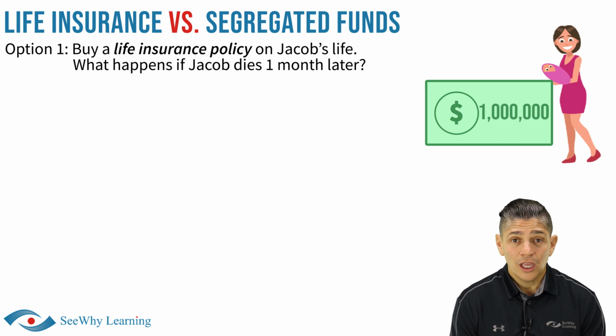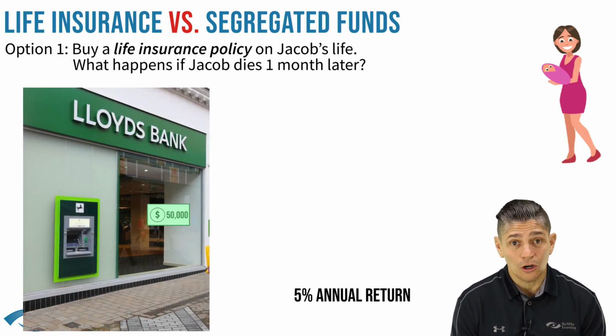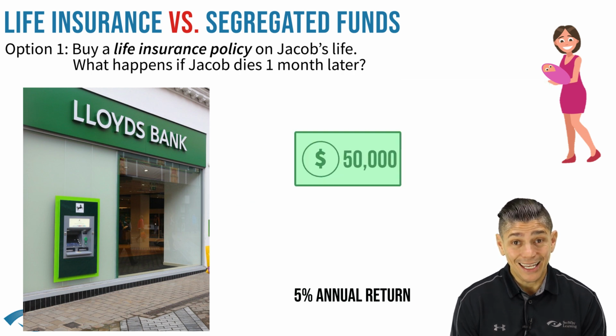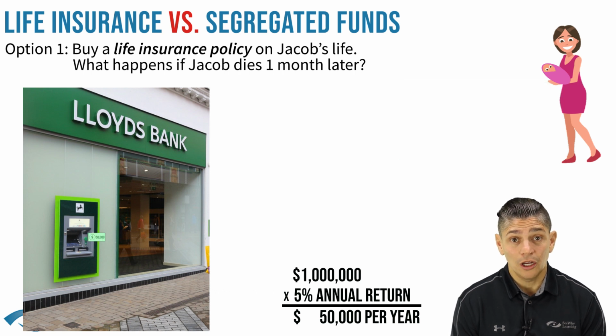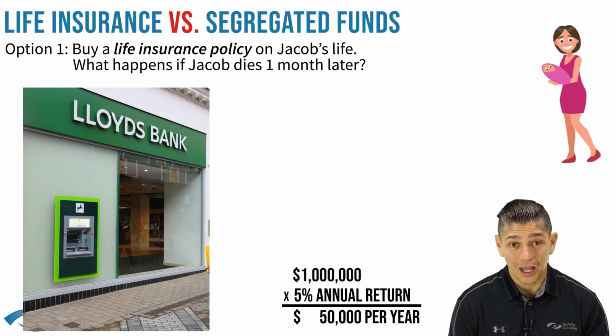For example, if she decided to invest it and received a 5% annual return, this would generate $50,000 in annual income indefinitely, calculated as follows. $1 million times 5% annual return equals $50,000 in investment income per year. Under this scenario, Jacob's income would be totally replaced.